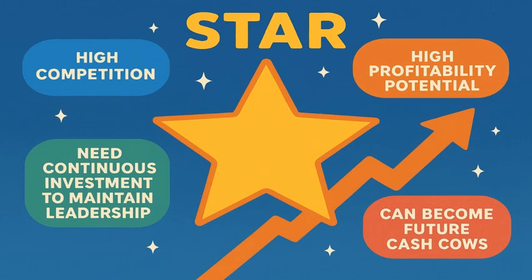High profitability potential means in the future these products will produce a large amount of profits. Star products need continuous investment to maintain leadership, and the star can become future cash flows. So I will discuss cash flows in my next slides.